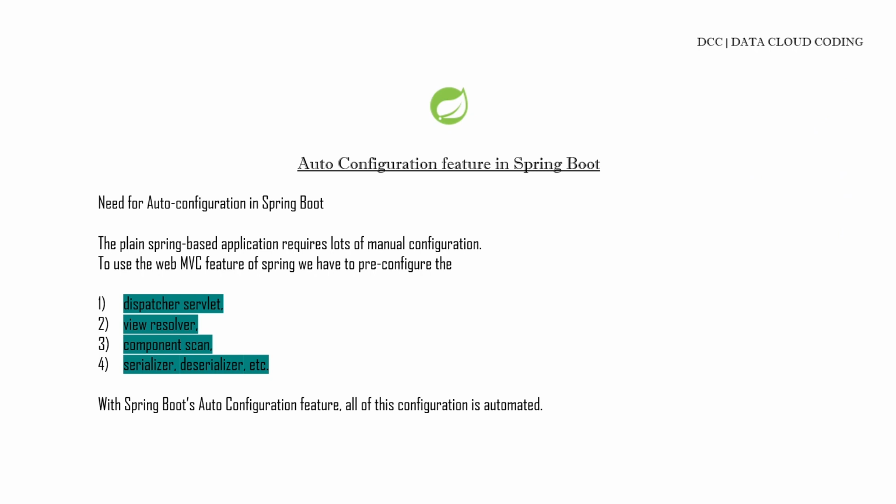If you're talking about the dispatcher servlet, or MVC applications, we have to configure the view resolver, take care of component scanning, and other features like serialization and deserialization. With Spring Boot's auto configuration feature, all of this configuration is automated. We just have to use the annotation and Spring Boot takes care of everything.